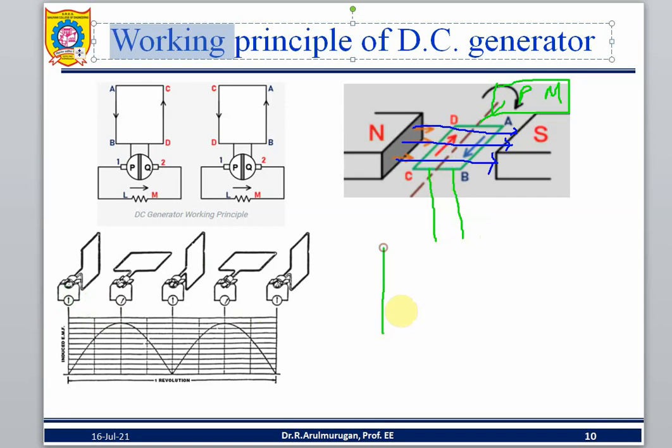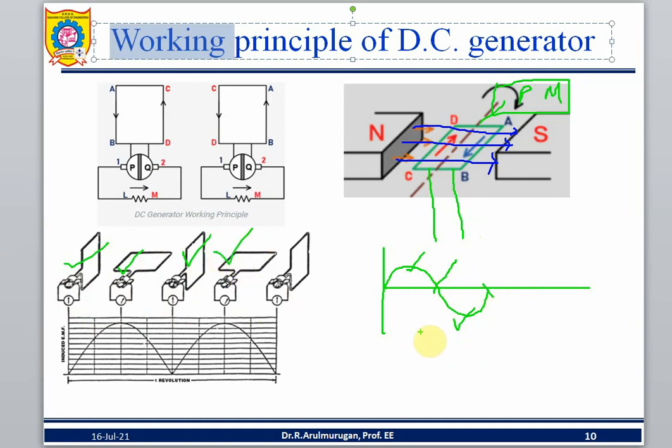Okay, so you will get the waveform. The induced EMF has a positive half cycle and a negative half cycle. Position number 1, position number 2, position number 3, position number 4.